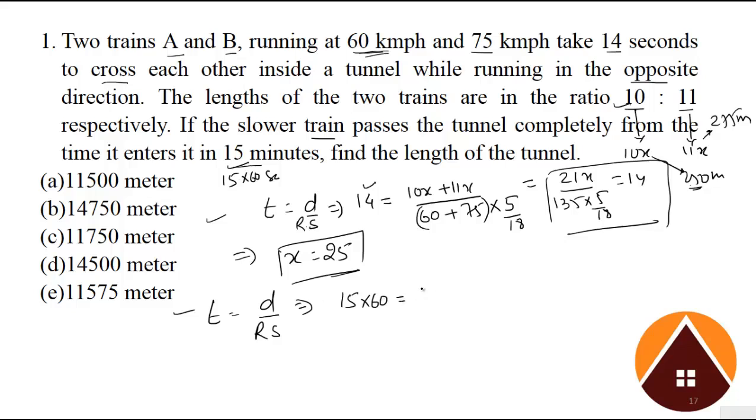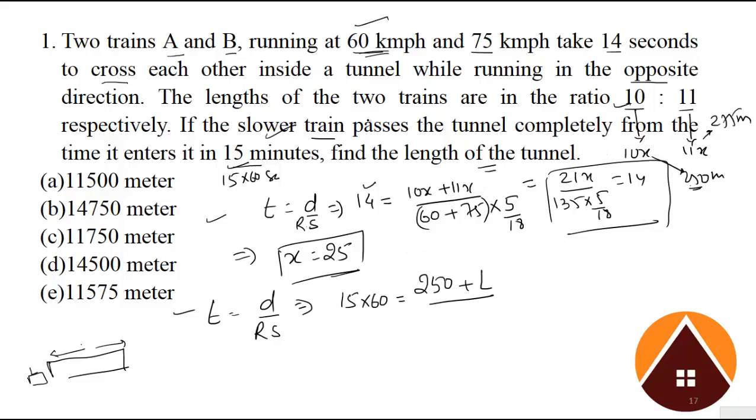So now the distance will be, suppose this is the tunnel and the train is entering. So the length of the train should also be there plus the length of the tunnel should also be considered, right? So the distance will be the length of the train plus the length of the tunnel, and that is what they are asking, divided by the relative speed. Here the relative speed is nothing but the speed of the slower train.